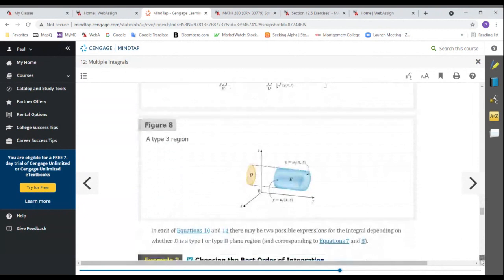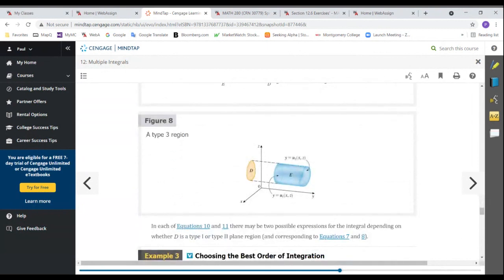Now, here's a type 3 region in figure 8. They have a type 3 region where the surfaces bounded on the left and the right are functions of x and z. That's what a type 3 solid region would look like.